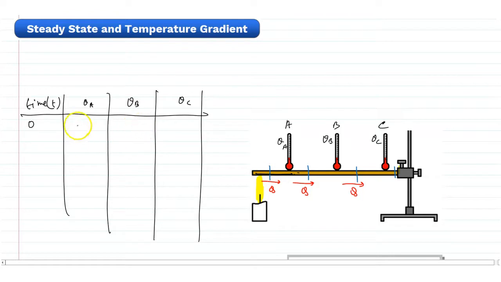Then theta A is, suppose, 20 degrees C and theta B is also 20 degrees C, about the same, just at the starting time.